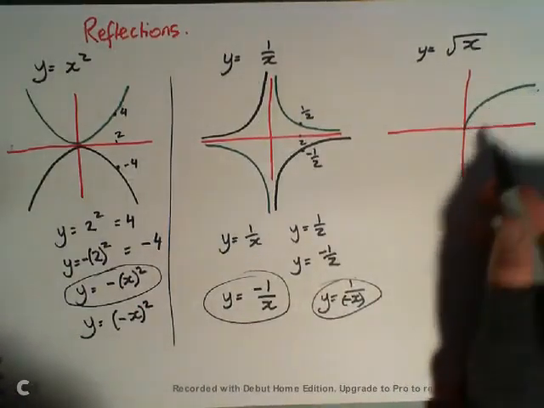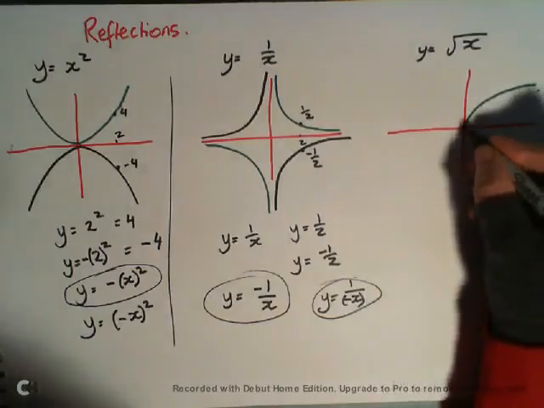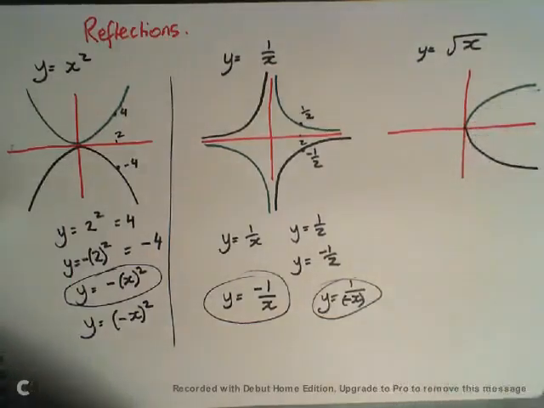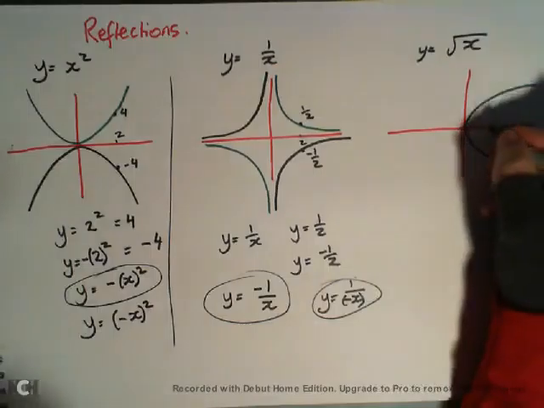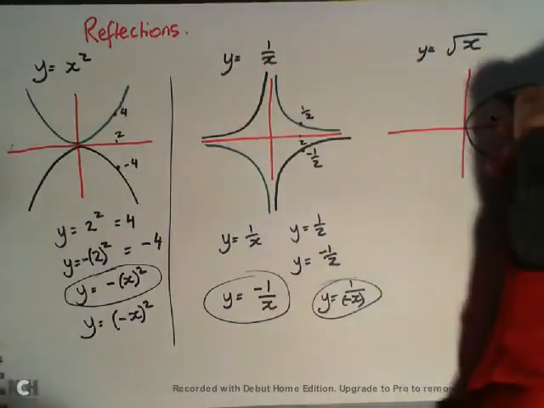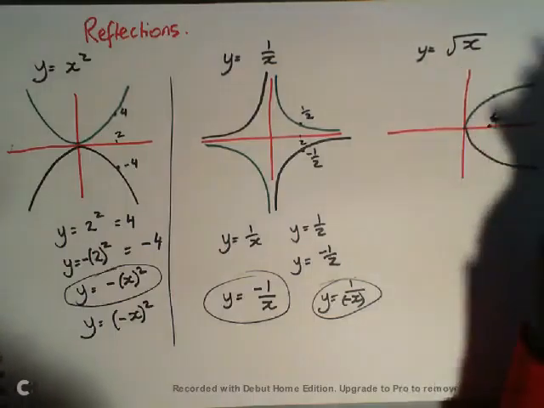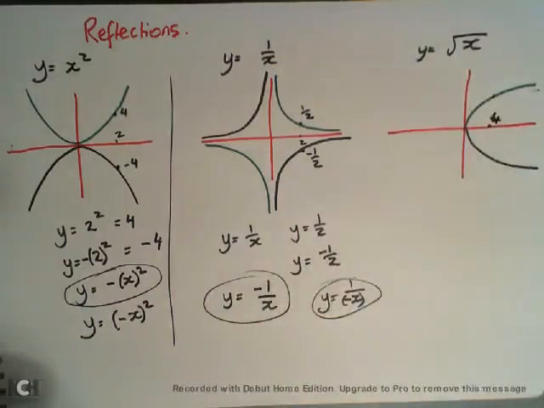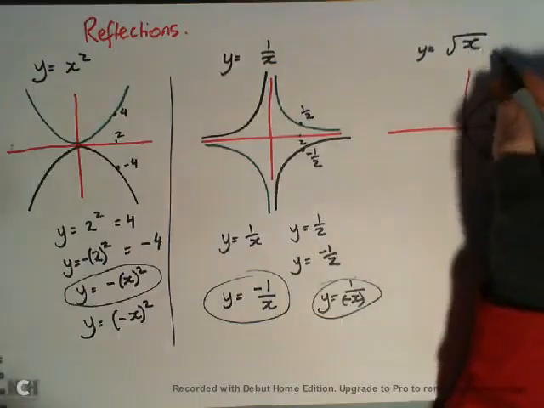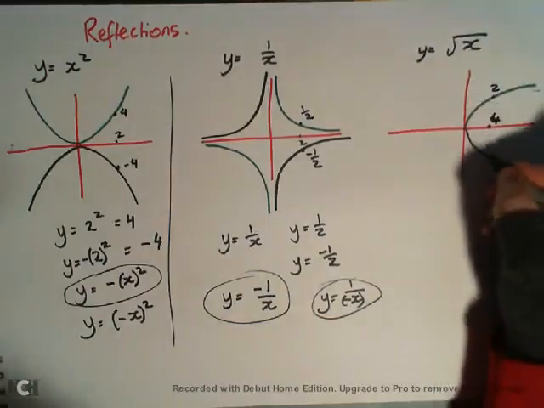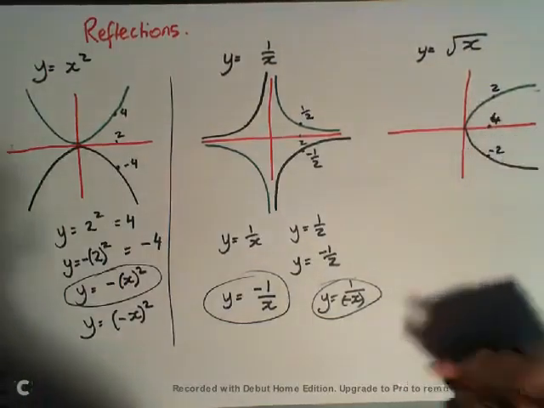Okay, all these points here get reflected in the x-axis, so they all go down there. Okay, what happens? Well, at this point 2 we get, actually we'll have a look at 4, just because it's easier to work with. Okay, square root of 4, we get 2. But down here we'll get minus 2. So what's happening?